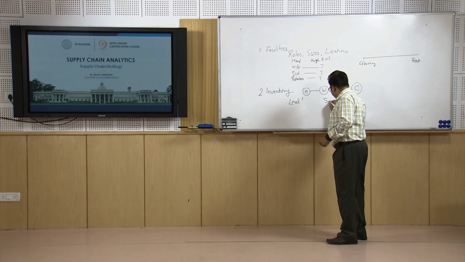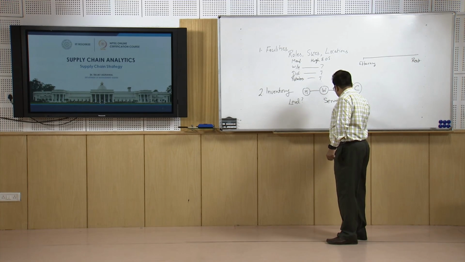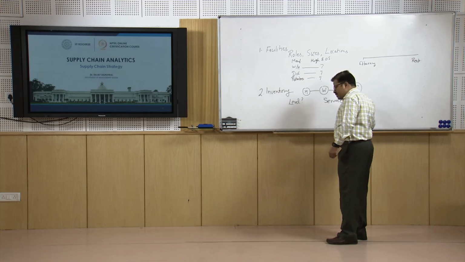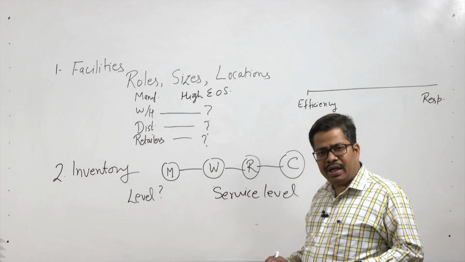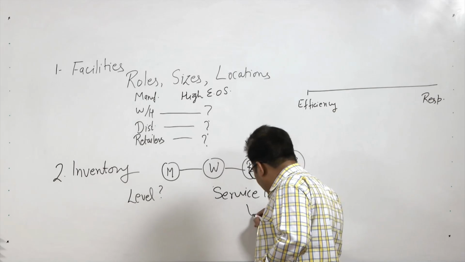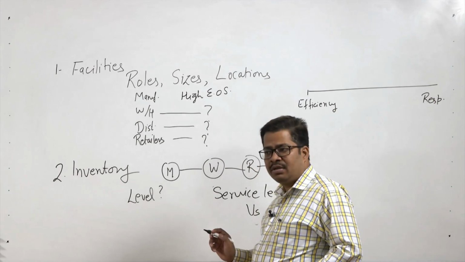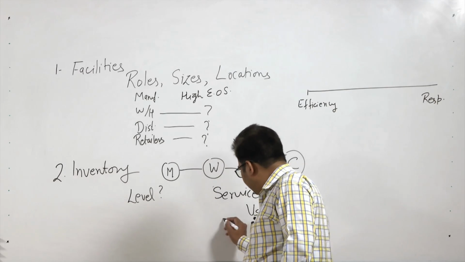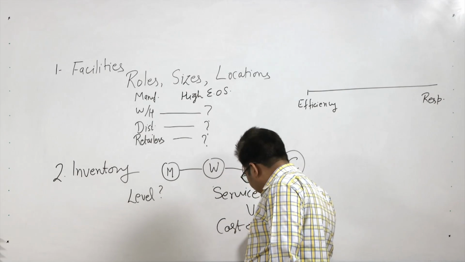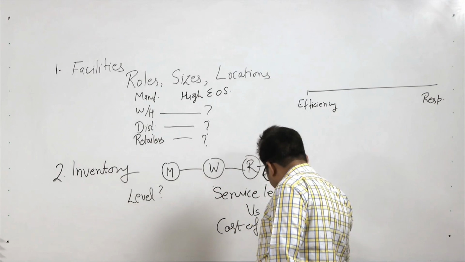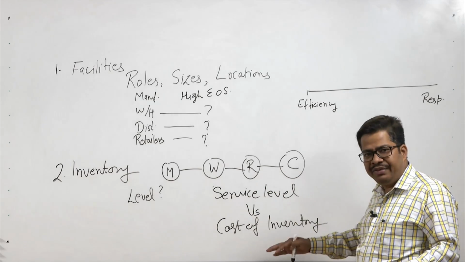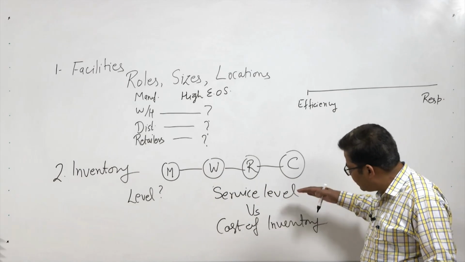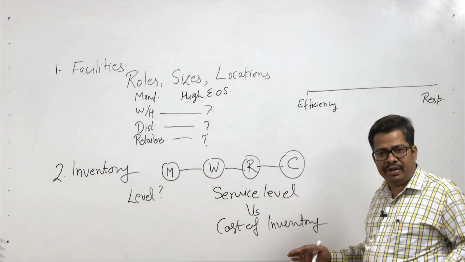We want a high service level, required for better customer satisfaction, and at the same time we want to minimize the cost of inventory. So, we need a trade off between service level and cost of inventory.